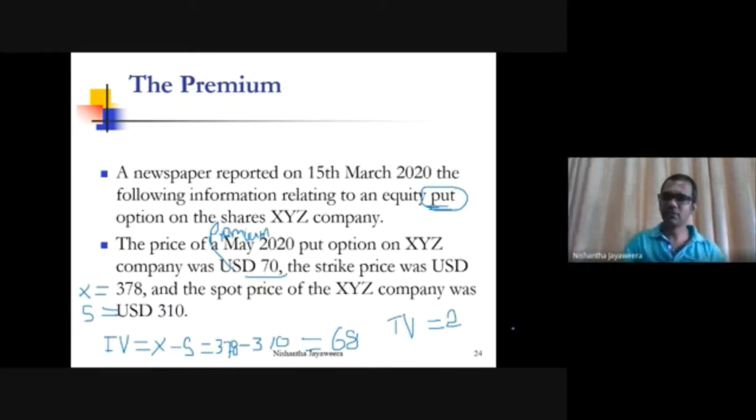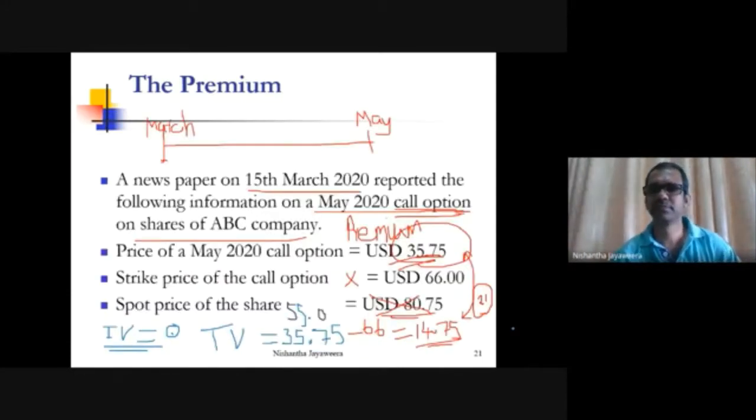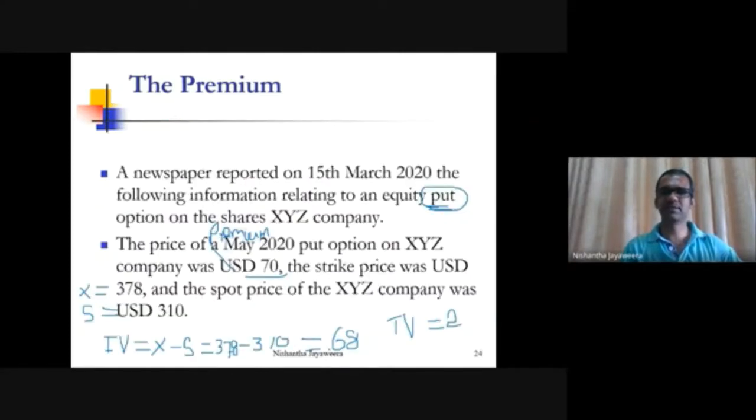Okay, now if we go back to the call option, you can see for almost the same maturity, March to May, the time value of the call option is much higher, 35, but in this, time value is just 2.